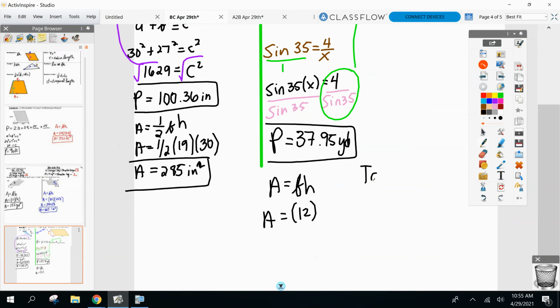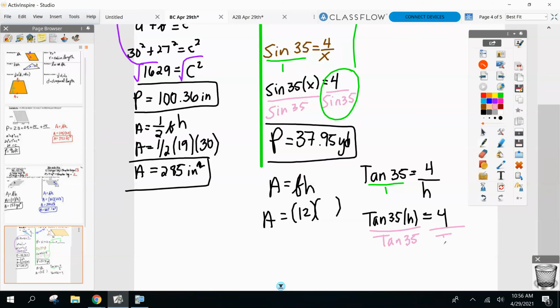So tangent of 35 equals opposite, still 4, over adjacent, your height, H. Don't round in your calculator. Tangent of 35 times the height equals 4. And then divide both sides by the tangent of 35. Woo.